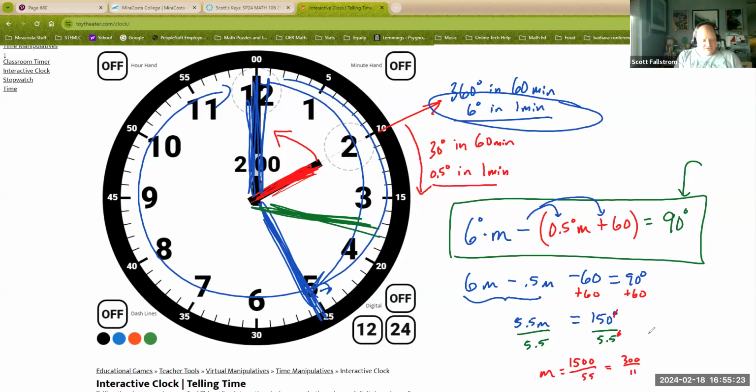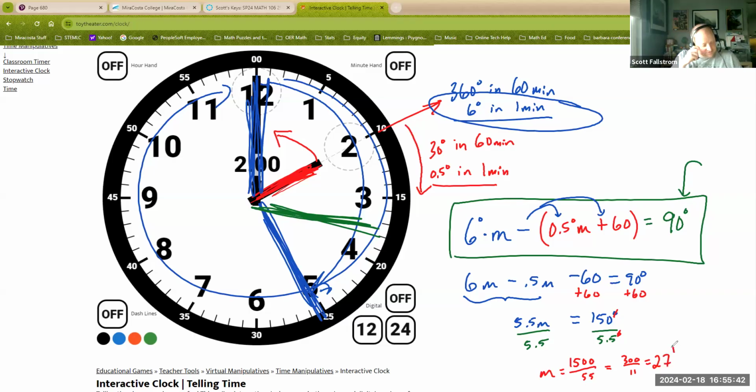So now this is where I get to use what we did in Math 105 and convert this back to a mixed number. So 300 divided by 11 gives me 27 whole minutes.